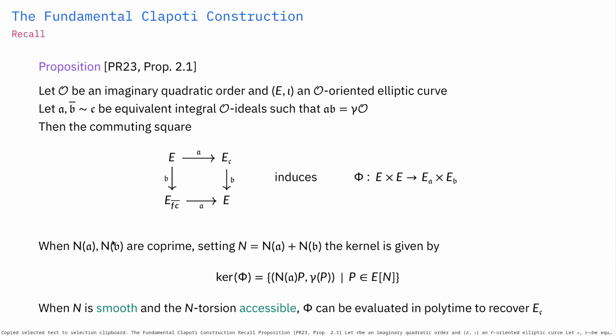And when the norms of these two ideals are coprime, then we can write down the kernel very easily of this higher dimensional isogeny given by this expression. In particular, when n is smooth and the n torsion is accessible, we can actually evaluate phi as an isogeny in dimension 2 to recover EC. This thing here, which is, of course, the action of the class of the ideal A on the oriented curve E.